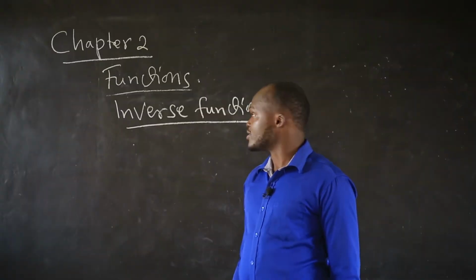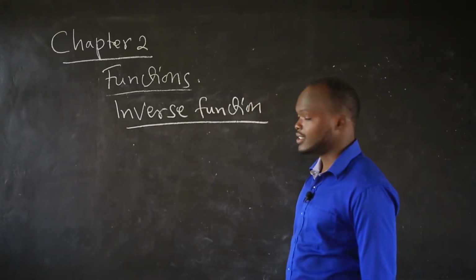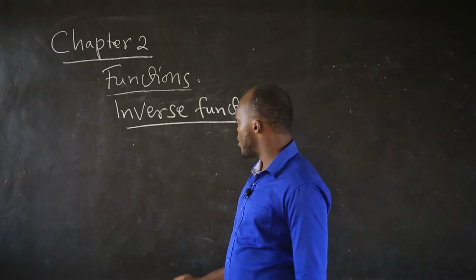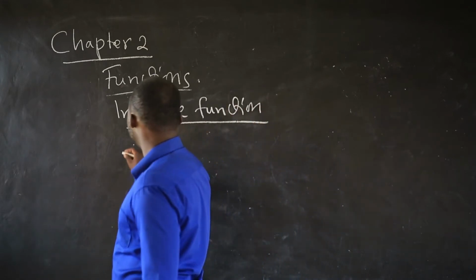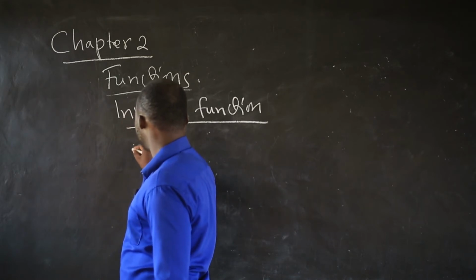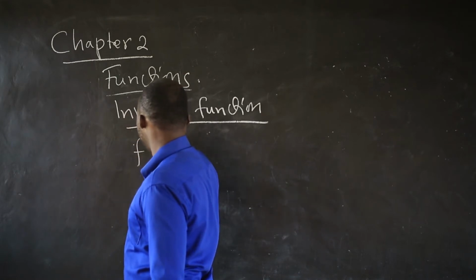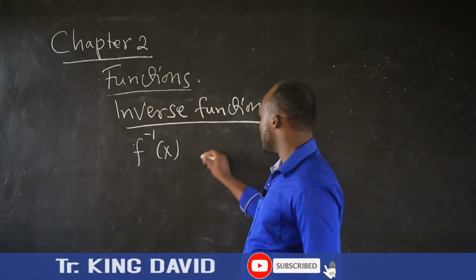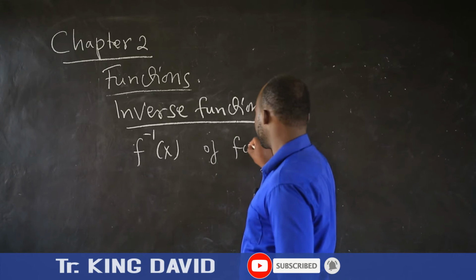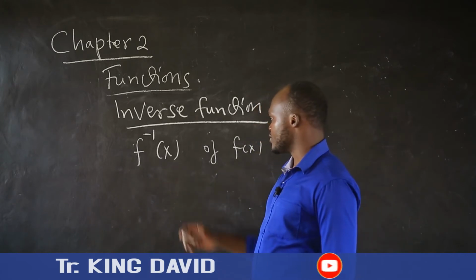So we're going to see inverse of the functions, and still with teacher King David. So let us see how we can find inverse of the function. When you say inverse of the function, it is written as f inverse. That is inverse of f of x. That's what we call inverse of the function.